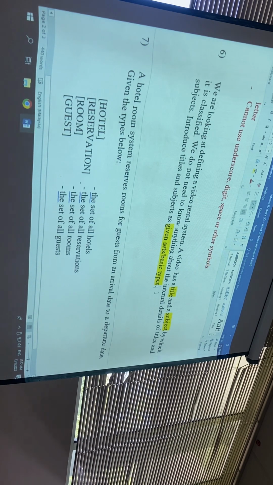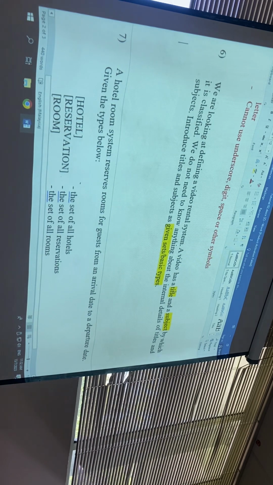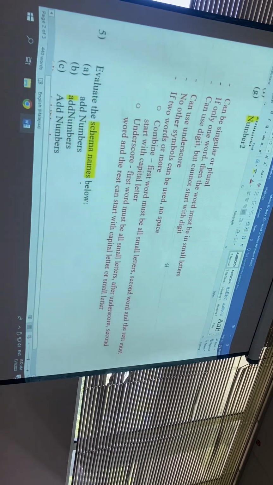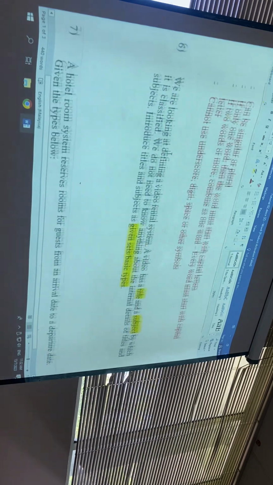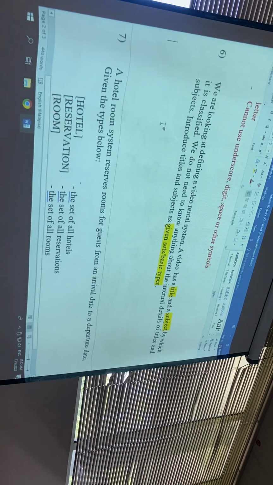So you are going to have title and subject. If it is basic type, then you follow the basic type rules. For title and subject, let's say you want to have title, so you have to put it inside the square brackets, then use capital letter, TITLE, close it.